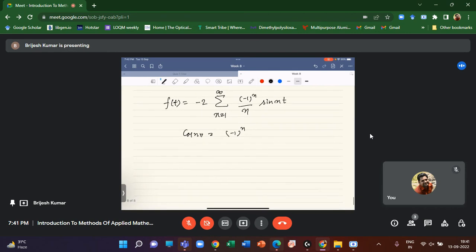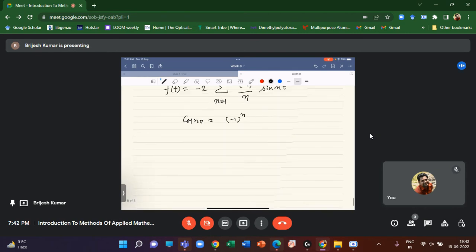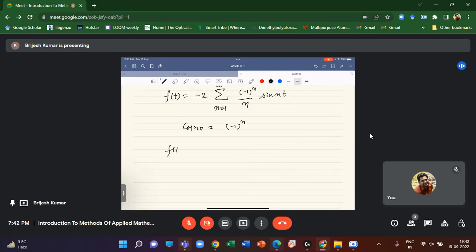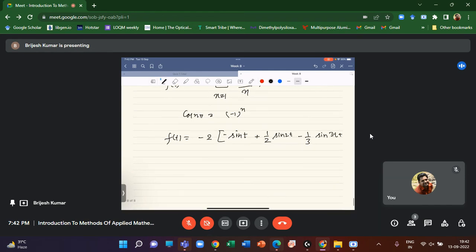If we expand this term, it will go like minus 2: first term will be minus sine t, plus next term half sine 2t, minus 1 by 3 sine 3t, like that.